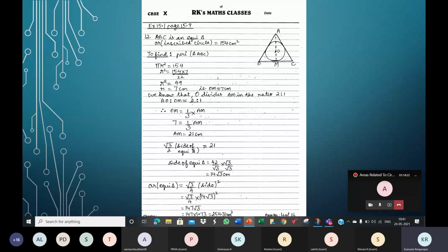Write down that. Completed. Can you repeat? Sure. The point of concurrence of the three medians of a triangle is called the centroid.